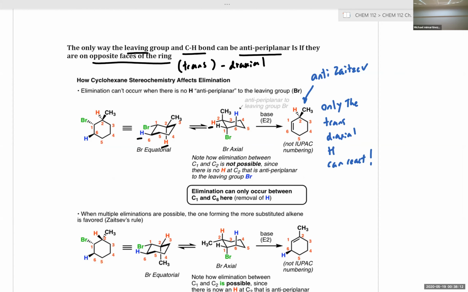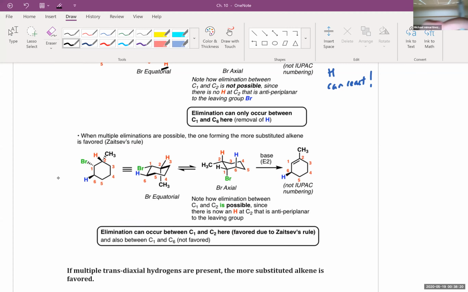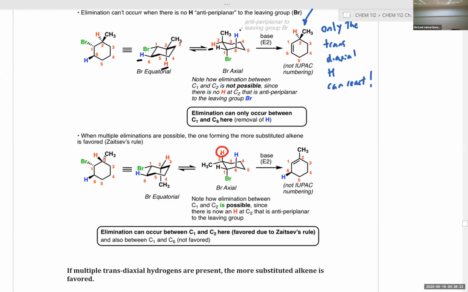So let's just do another example here. So depending on your relative arrangement of your substituents, now looking at this next example, can our red hydrogen now react? Is it anti-periplanar?